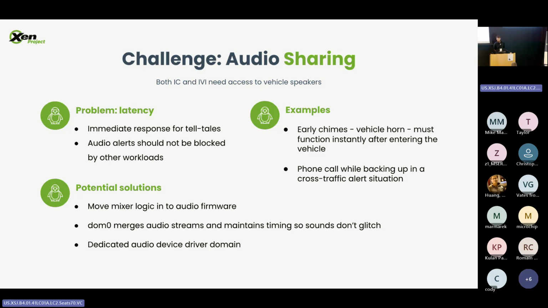It comes to talking to the vendor, and takes a lot of time and effort. So usually the solution would be DOM0 merging all the audio streams from the domains and somehow maintaining the timing so that there are no glitches on the speakers. Or again, potentially there's an opportunity to have a dedicated audio device driver domain.